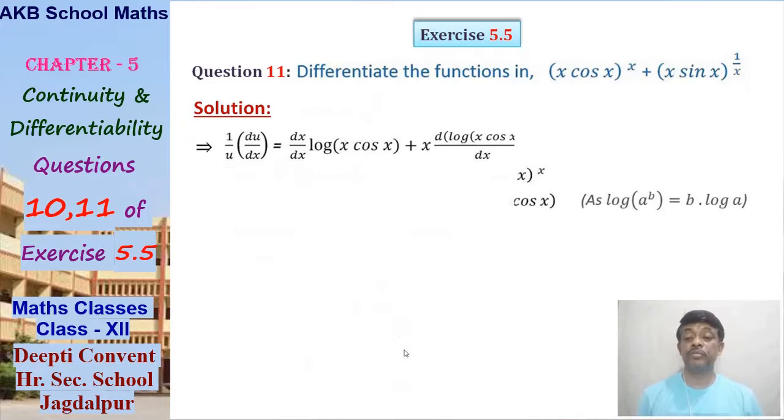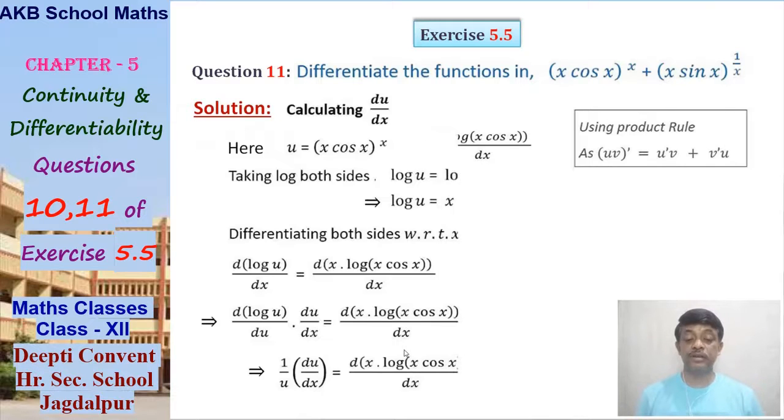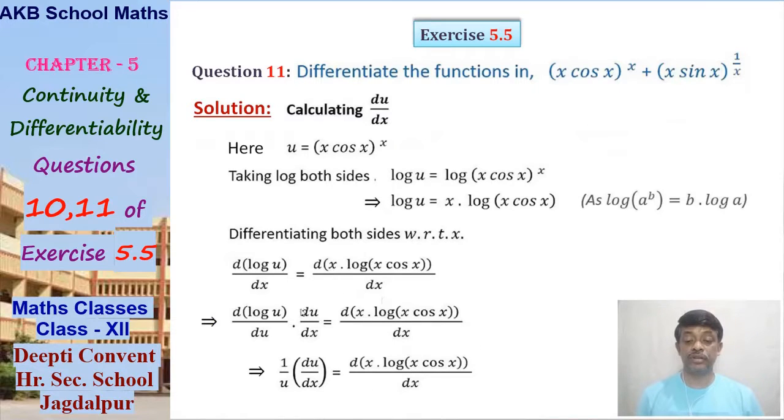Now 1 by u du by dx equal to d by dx of this. Here is a product of two functions. The first function is x, the second function is log (x cos x).